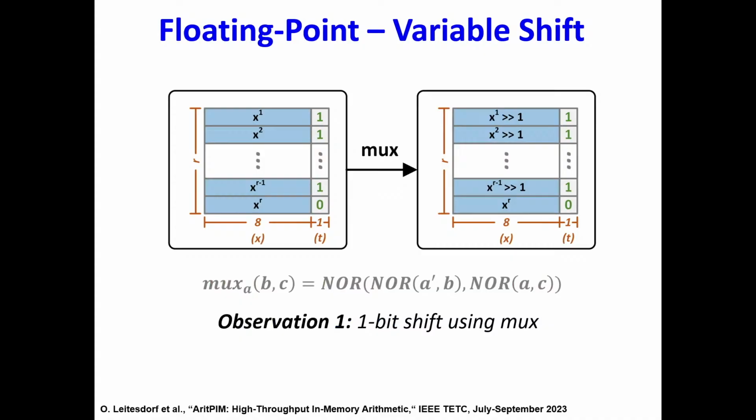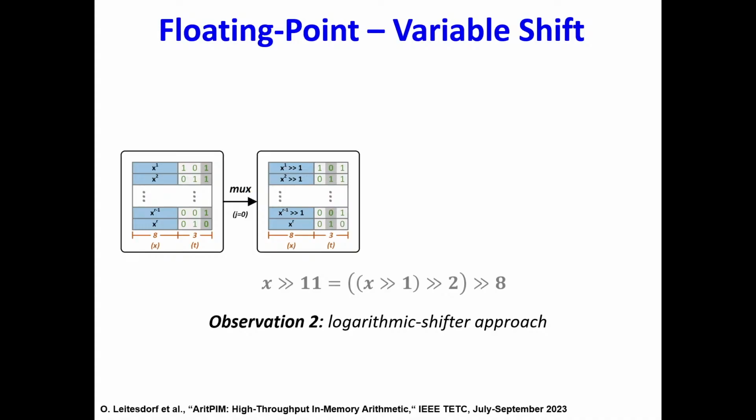And we actually solved that by doing logical operations for the shift itself. First, we're using muxes. A logical mux can be done, for example, with NOR gates. So we can see that a shift can be performed with a mux. And since the shifts are logarithmic here, every bit goes in a logarithmic manner.